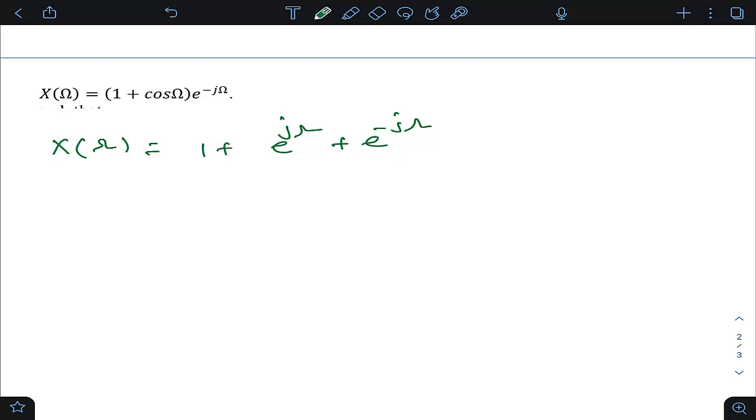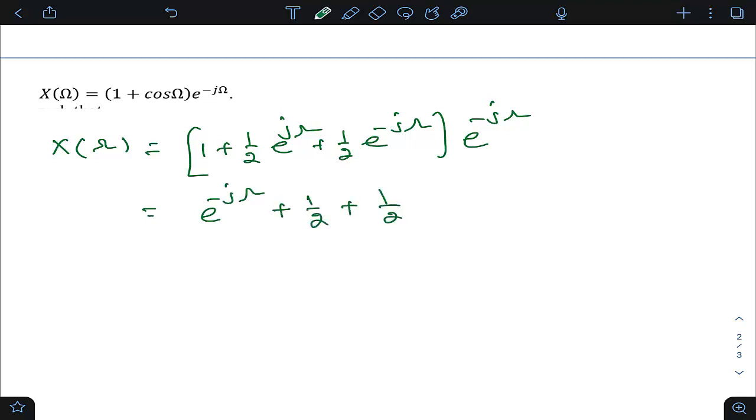Or we can write it as half of this one plus half of this one, and this whole thing is multiplied by e raised to power minus j omega. Is that fine? If you multiply by e raised to power minus j omega, you get e raised to power minus j omega, plus half plus half into e raised to power minus j2 omega. So if you rearrange it, half plus e raised to power minus j omega plus half into e raised to power minus j2 omega.